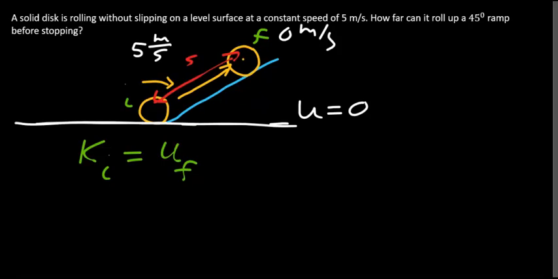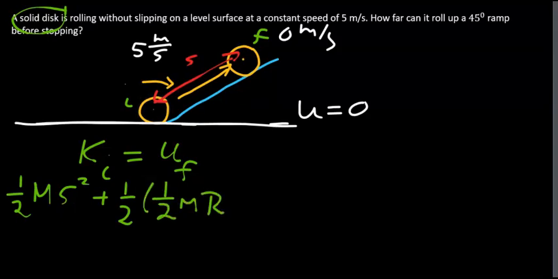Now let's write down the expression for the kinetic energy. As we have discussed before, it has two terms. The first one is the translational term, half times the mass of that solid disk times the square of that speed, so 5 squared, plus the rotational kinetic energy, which is half times the moment of inertia of a solid disk about its axis passing through the center of mass, which is quite simply half times the mass times the square of the radius, times omega squared.